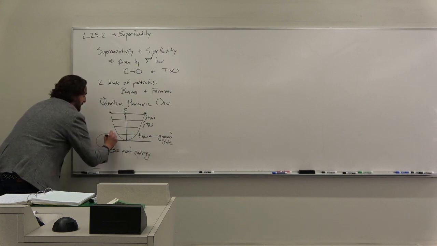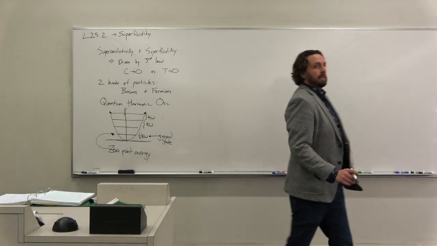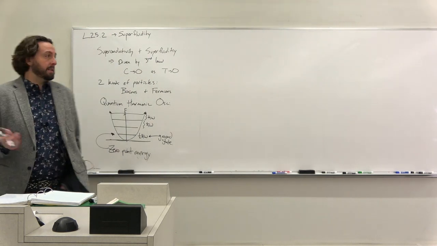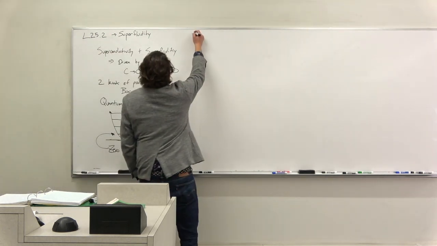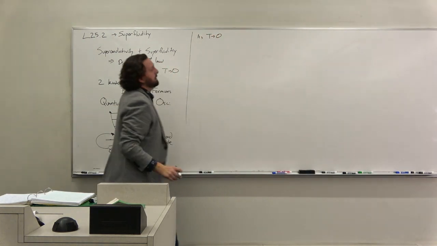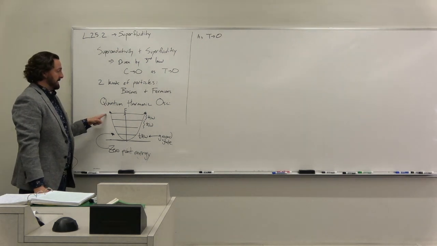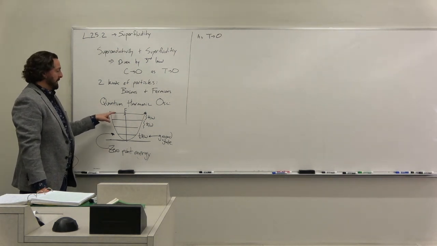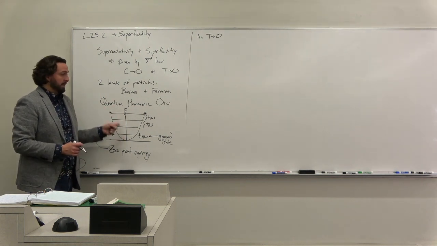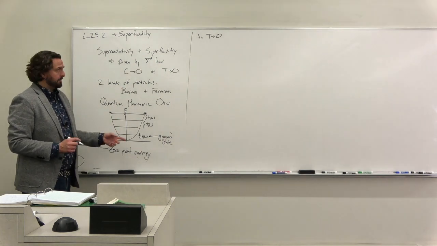All right, so now, when I lower the temperature of a system, right? So as the temperature goes to 0, what you can do is you would reduce the thermal energy in a system in a quantum harmonic oscillator, and you'd imagine that your particles would enter successively lower and lower energy levels.